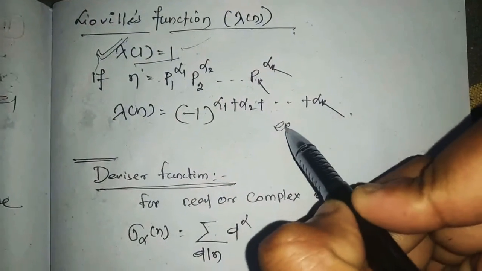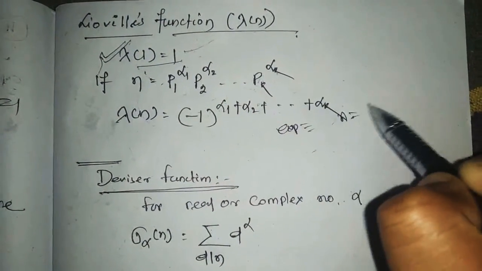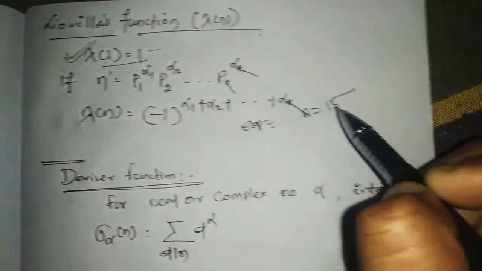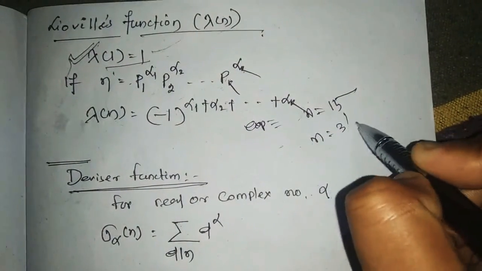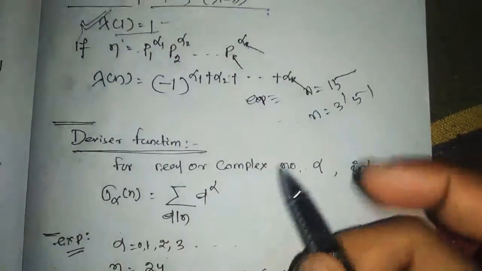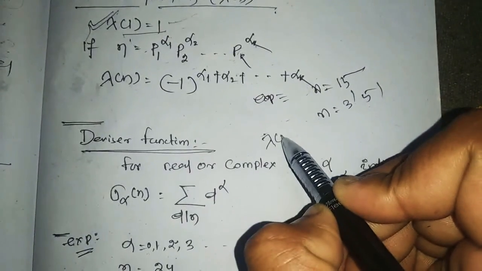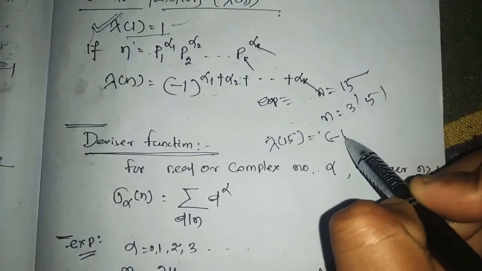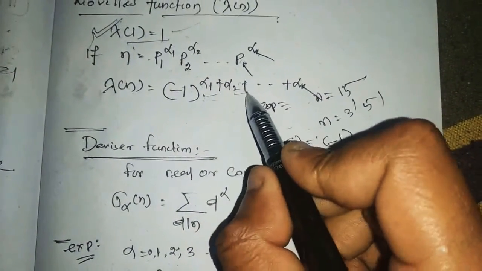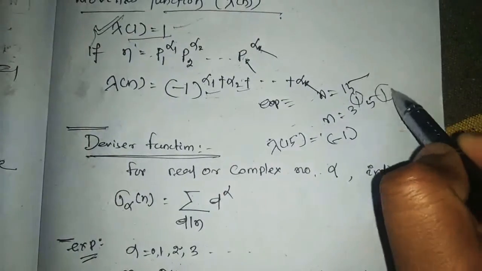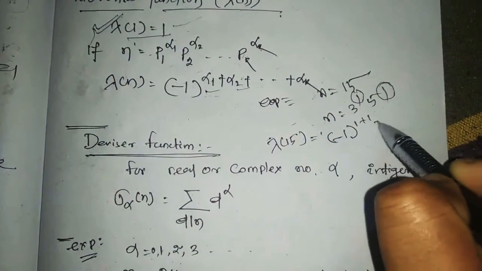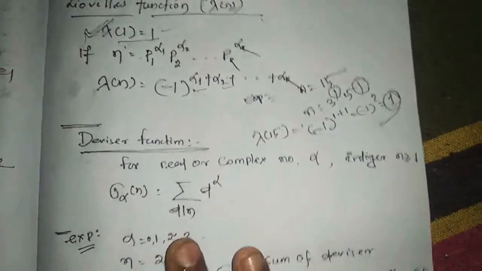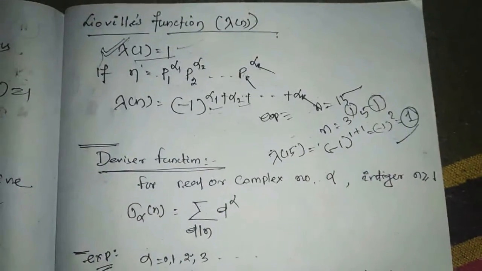For example, if n is equal to 15, then n can be written as 3 to the 1, 5 to the 1. So lambda of 15 will be minus 1 to the power alpha 1 plus alpha 2. Here alpha 1 is 1, alpha 2 is 1, so minus 1 to the power 2, which gives 1. This function is called the Liouville function.